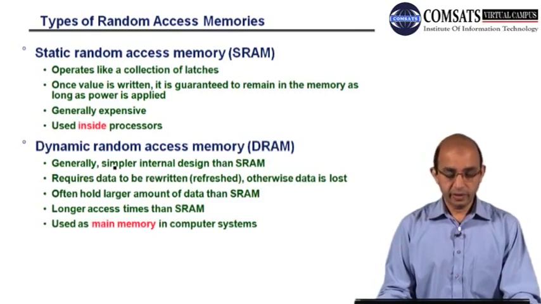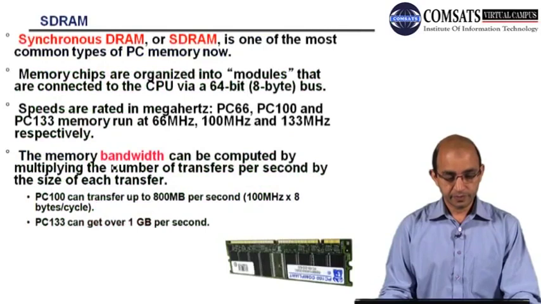We normally use DRAM whenever we have to handle a large amount of data, and its access time is longer than SRAM. We use DRAM as the main memory within the computer system.